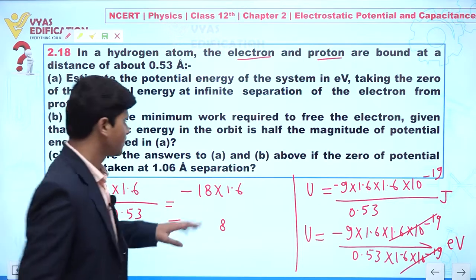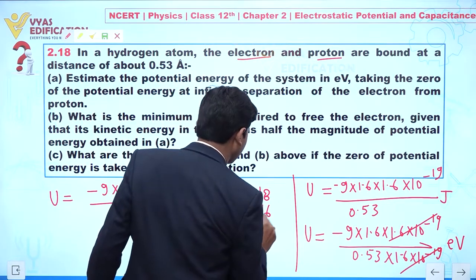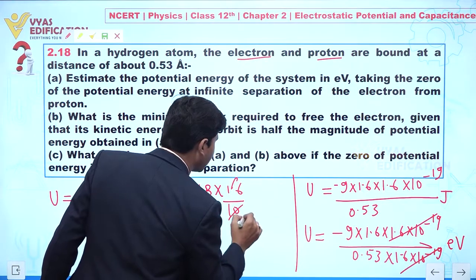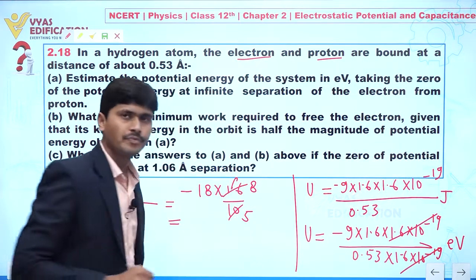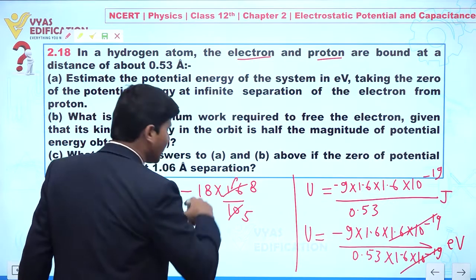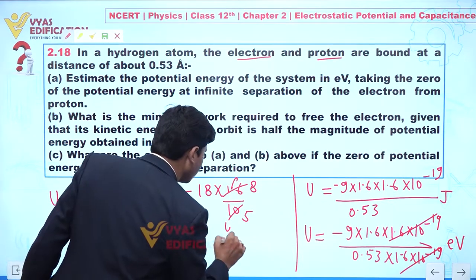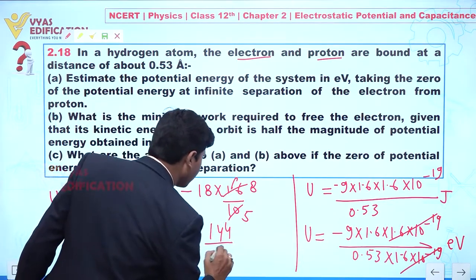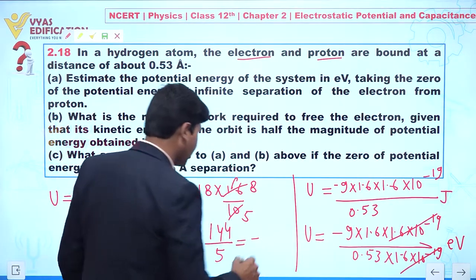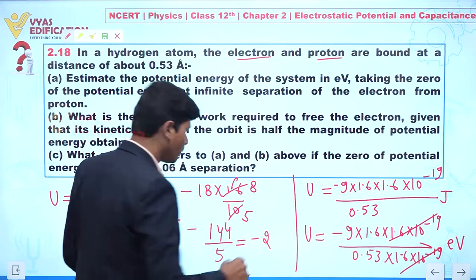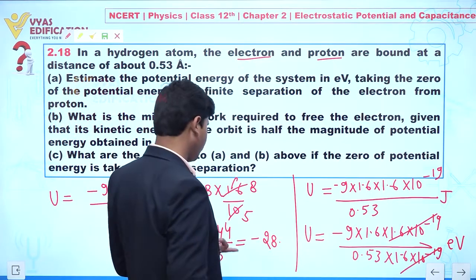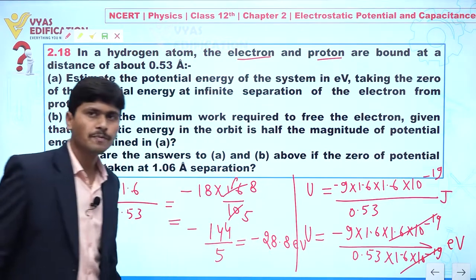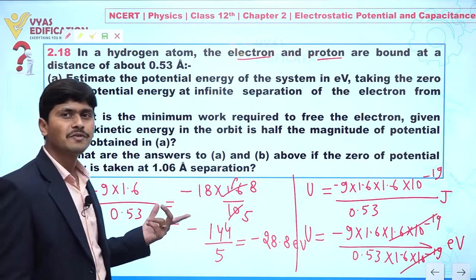So we get about minus 28.8 electron volt, but actually here we have 0.53.